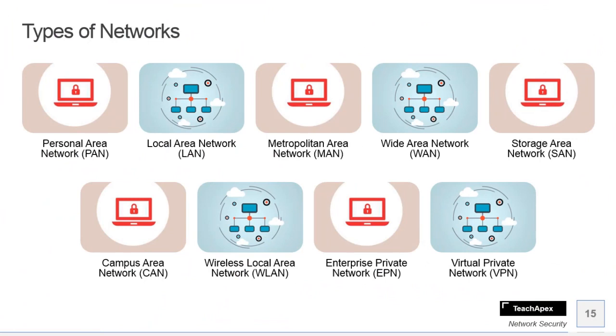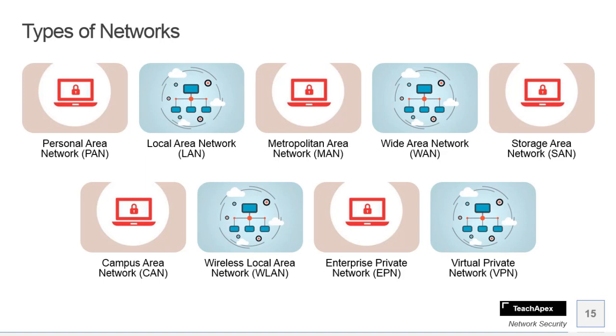As you can see here, PAN, this is called personal area network. Then LAN, local area network. MAN, metropolitan area network. WAN, this is wide area network. Then storage area network. Then we have campus area network known as CAN. Then wireless local area network.